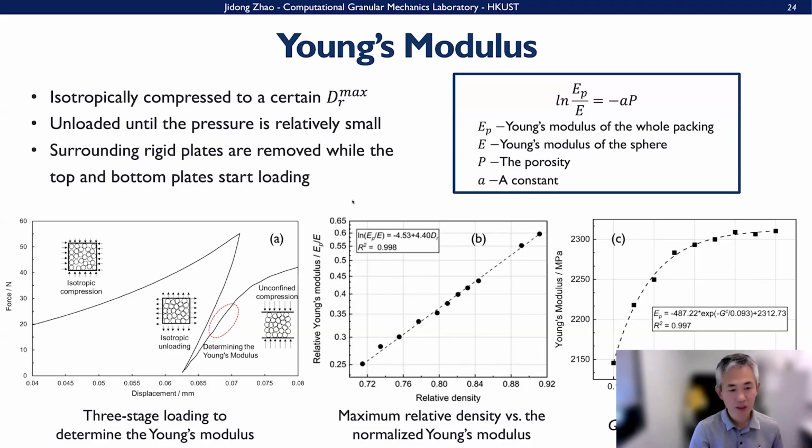We use a three-stage loading to determine the overall assembly Young's modulus. We compress the assembly isotropically, and then we do an isotropic unloading. We gradually relax the compression in all directions to a certain stage, close to zero but not zero.